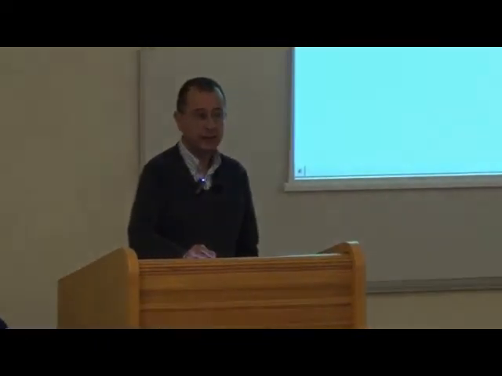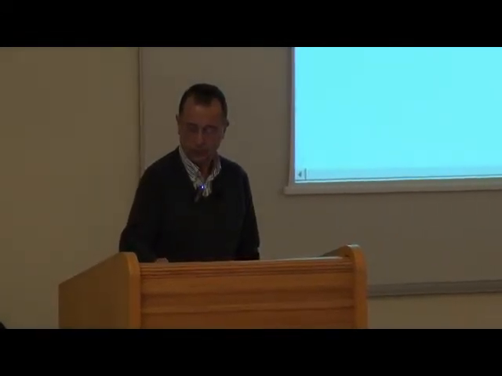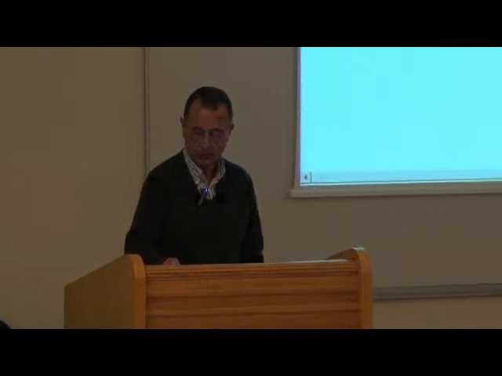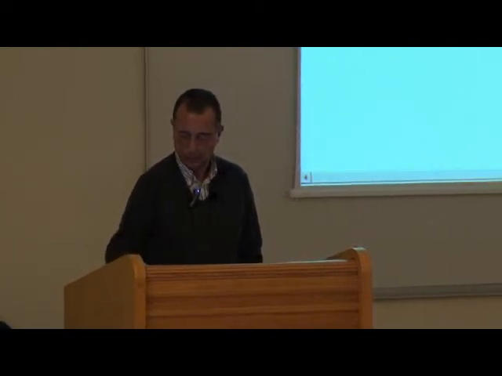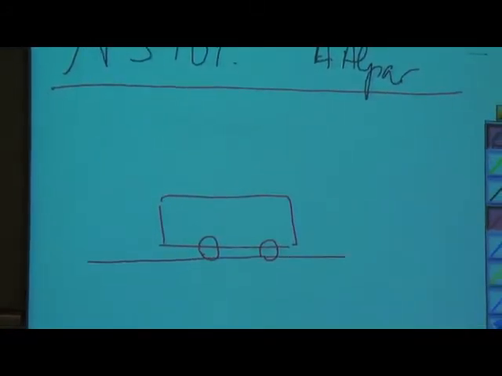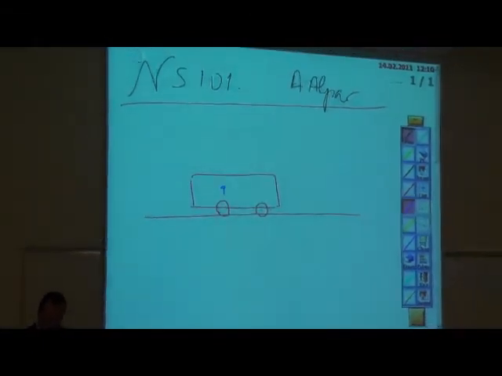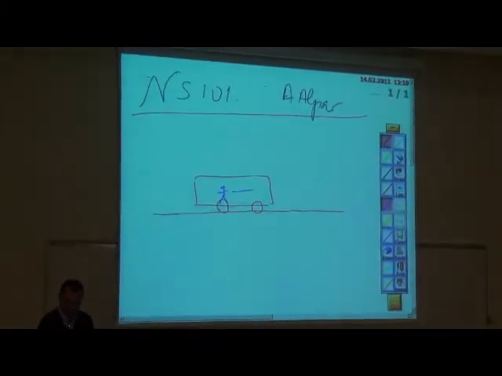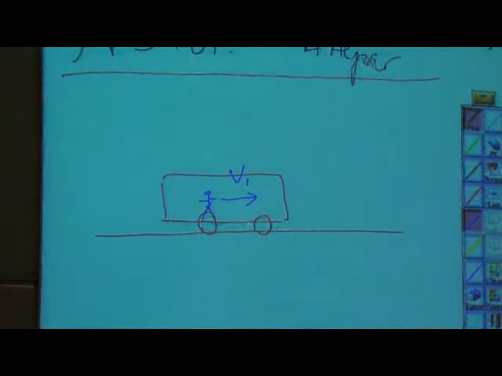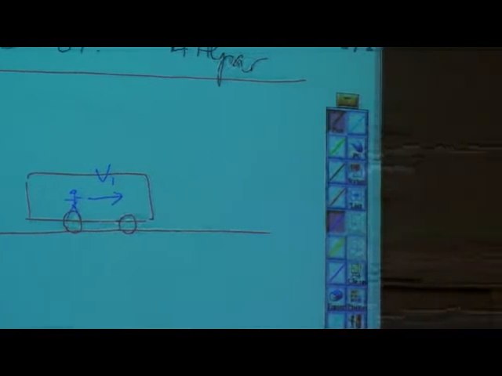So this is how I will write my notes. So here is a train, let's say, and here is someone moving with respect to the train with speed v1, 3 meters per second.